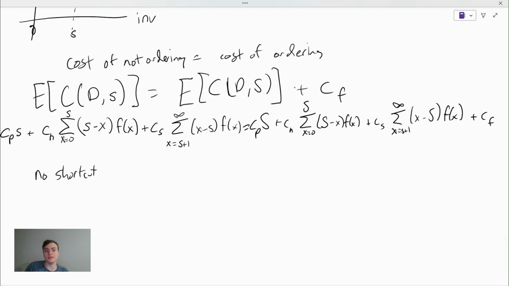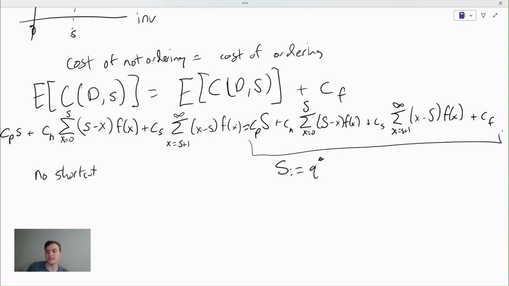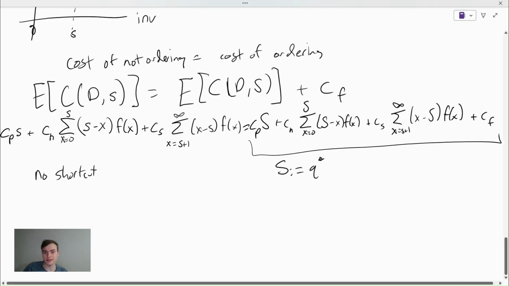Big S, we will have already calculated from Newsvendor, right? So S is the Q star from Newsvendor. So we're going to have to substitute in that, and this right side, we are just computing to a constant. This side is going to be a function of little s, and we have to solve for little s.